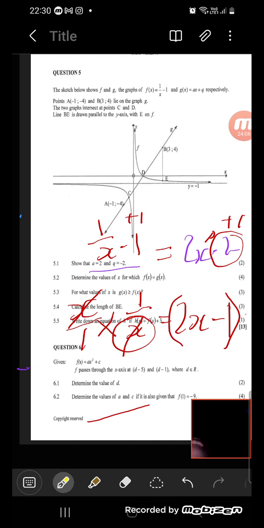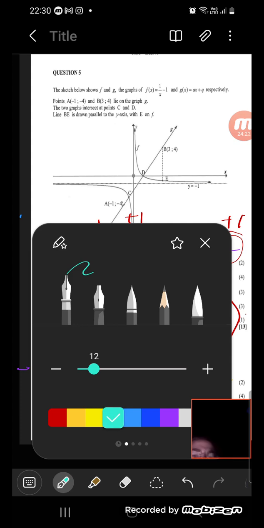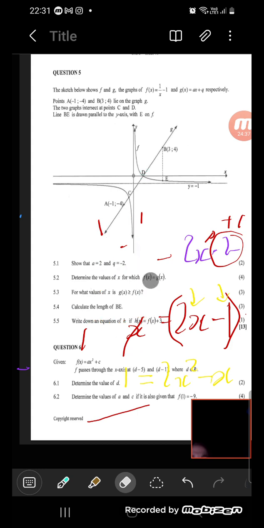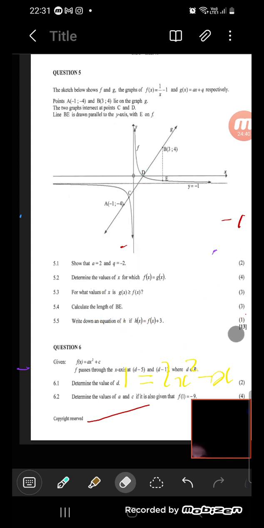Okay, so I've got 1 on this side. 1 is equal to 2x squared minus x. Aha! I can see there are going to be 2 points for x, definitely, because it's squared. So 1 minus 2x squared minus x.